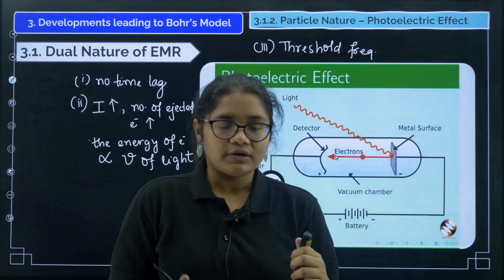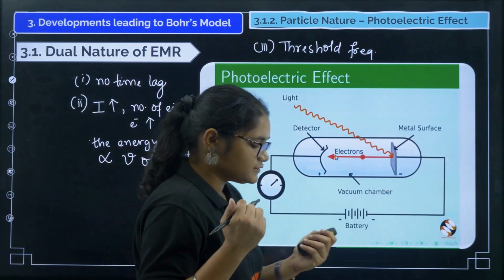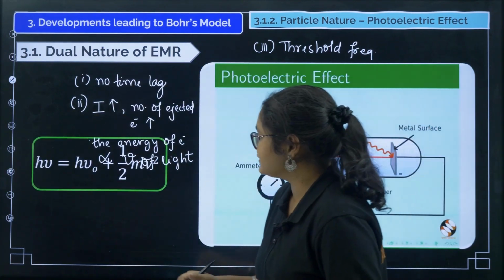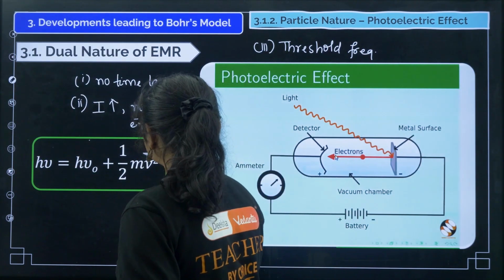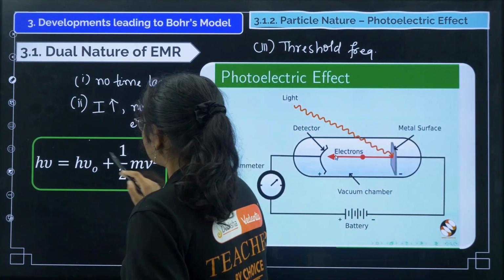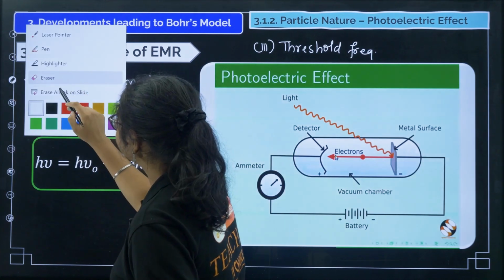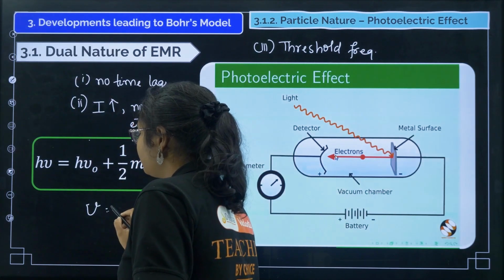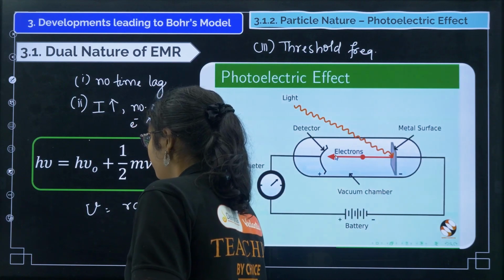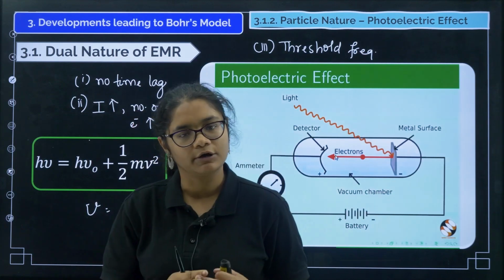Now if we see the formula for this photoelectric effect, it is like this. I'll clear here, one second. This h nu, where nu is the frequency of the radiation. We have just seen E is equal to h nu.